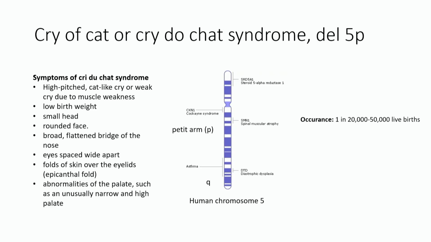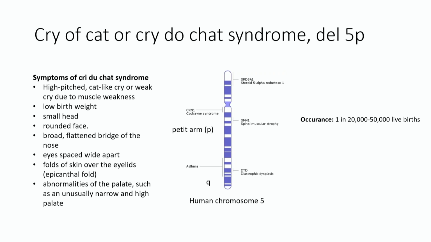Low birth weight, small head, rounded face, broad flattened bridge of the nose, that is the nose is flat, eyes spaced wide apart, folds of skin over eyelids. This fold over the eyelid is on both sides, and this results in eyes looking more circular round than the normal shape of the eye.